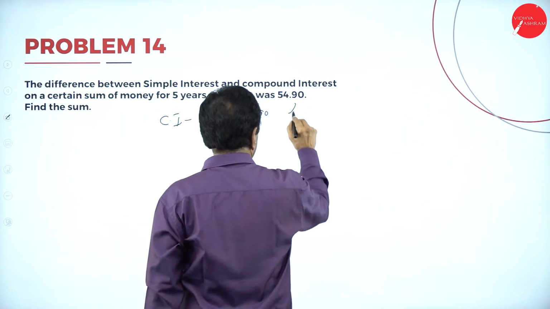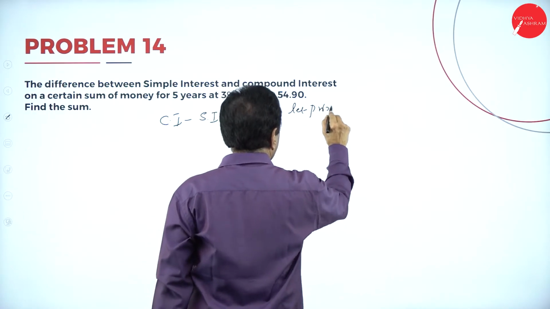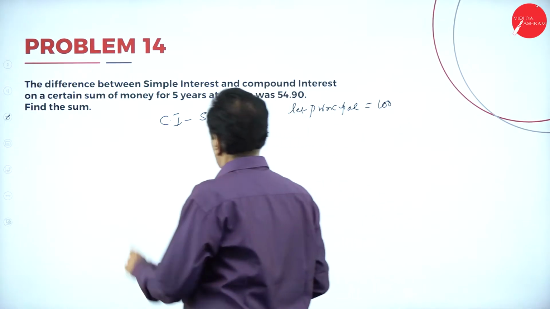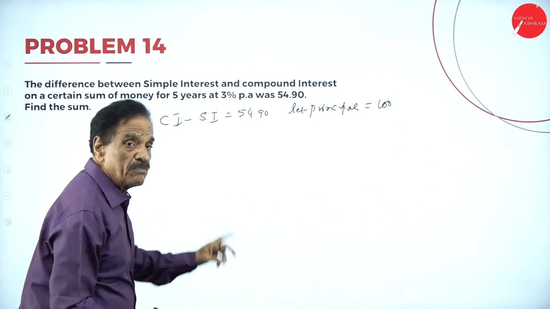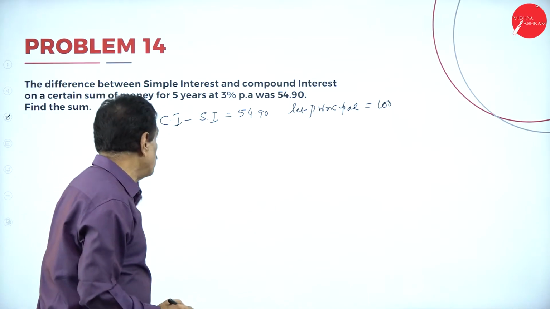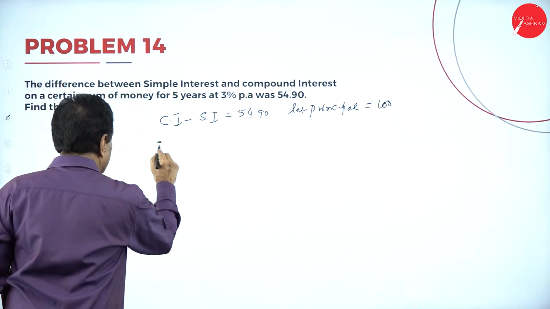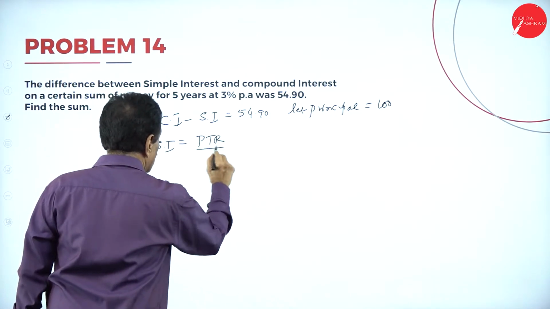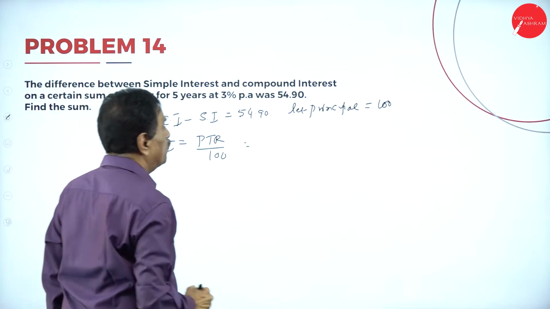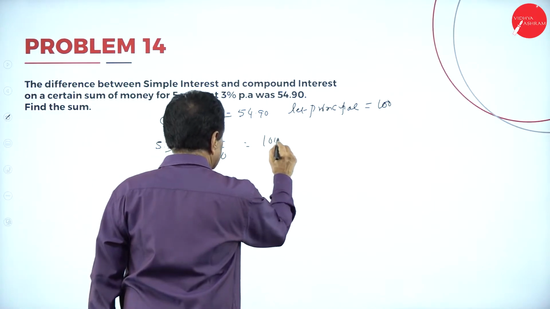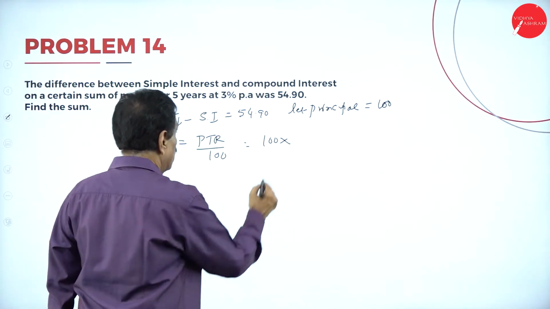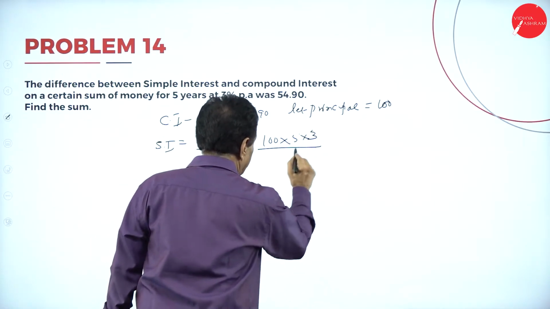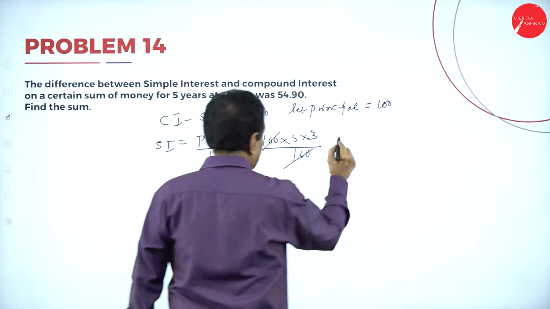Let the principal be 100. In order to find the difference, we want simple interest and compound interest. We will go with simple interest first, PTR over 100. Principal money 100, time 5 years, rate 3. That is 15 rupees.